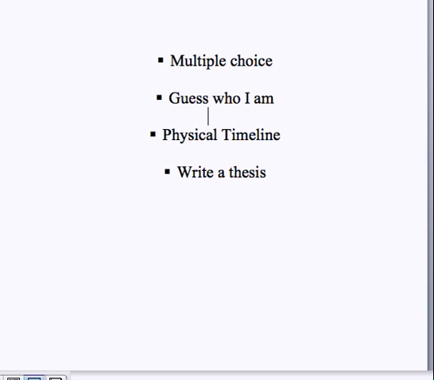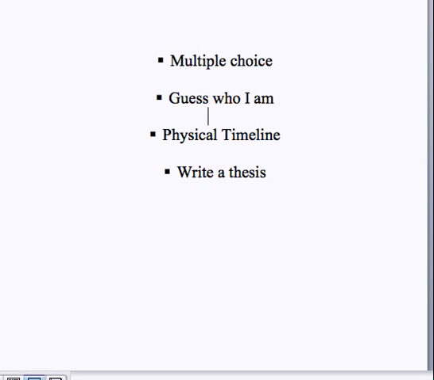And in this review activity, we will be reviewing key vocabulary particularly in terms of Guess Who I Am and creating a physical timeline, but we will also be reviewing the key vocabulary in the multiple choice, sort of on Bloom's taxonomy lower level thinking, and on writing the thesis, which would be a higher order thinking skill where they're applying key vocabulary into the skill of being able to respond to a question with a comprehensive thesis.